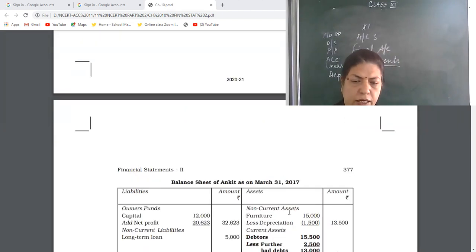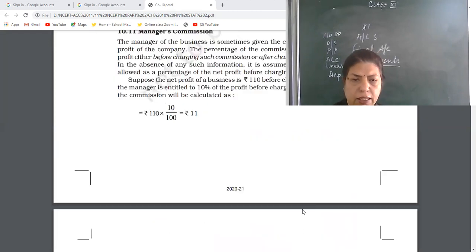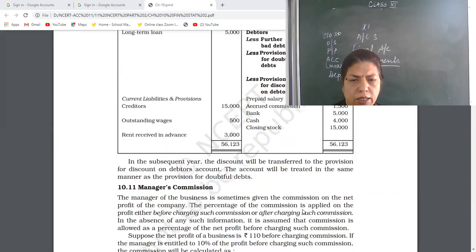So this is the sequence: first further bad debts, then provision for bad and doubtful debts, then provision for discount on debtors. These are the sequence.